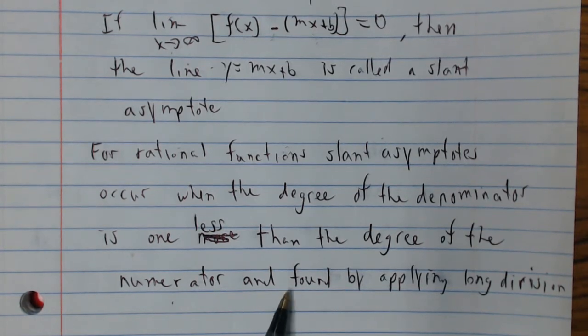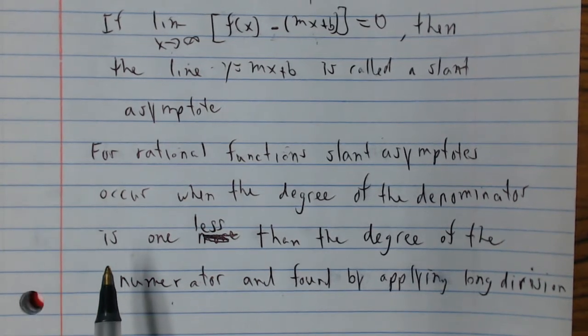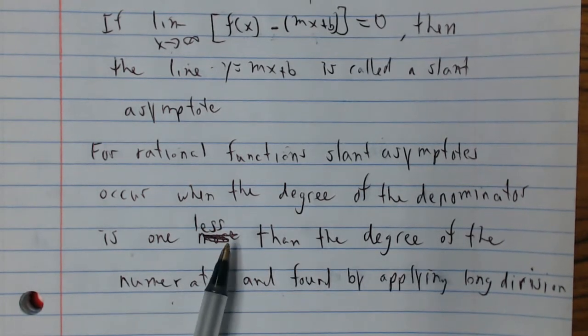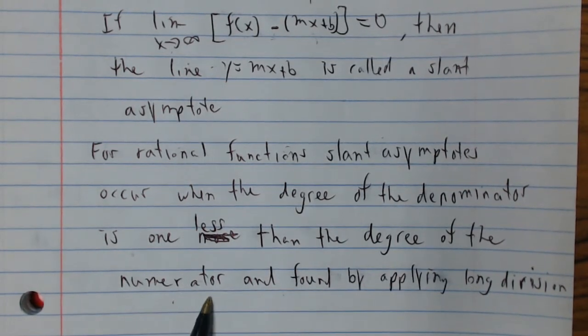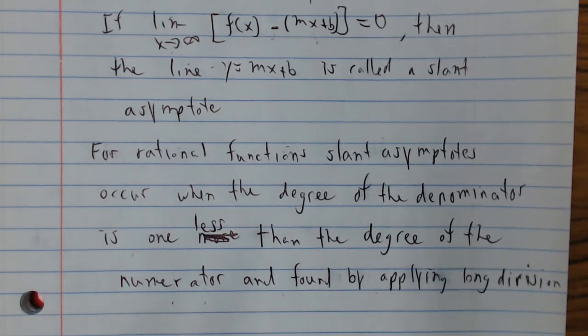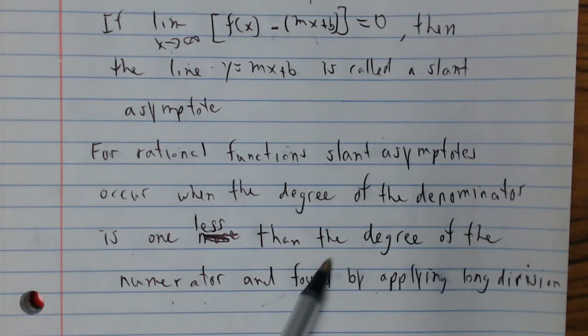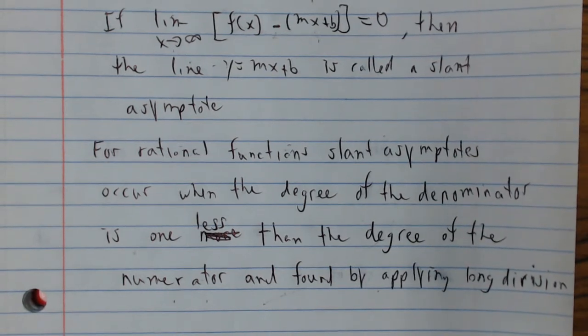If the degrees of the numerator and denominator are the same, we have a horizontal asymptote somewhere other than 0, like y equals 1 or 2, depending on the coefficients. And if the degree of the denominator is one less than the degree of the numerator, that's where my slant asymptote comes from, and you can find it by using long division. If you need to refresh your memory on this, we can talk about it in class. Just make sure to ask me about it.